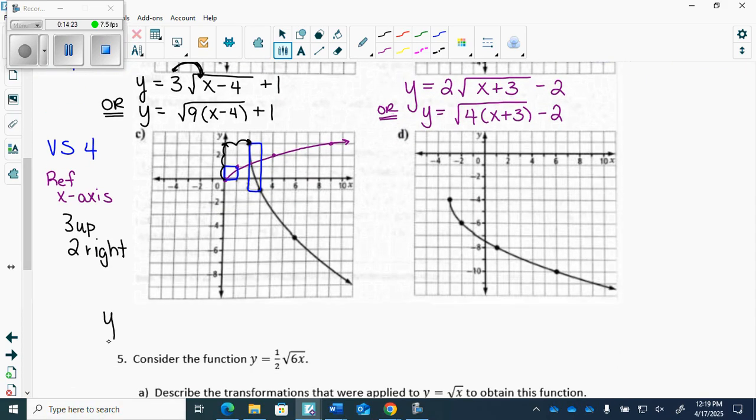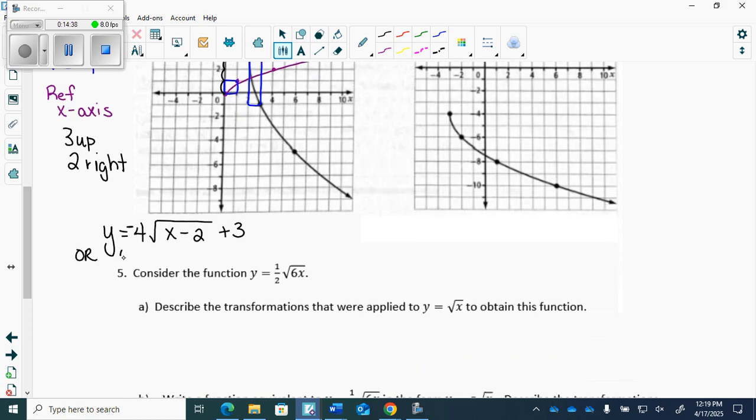So we have y equals negative 4 square root x minus 2 plus 3. Or, I can't bring the negative sign in, that still stays out, right? But what does it come in under the radical as for the number? 16. X minus 2 plus 3.